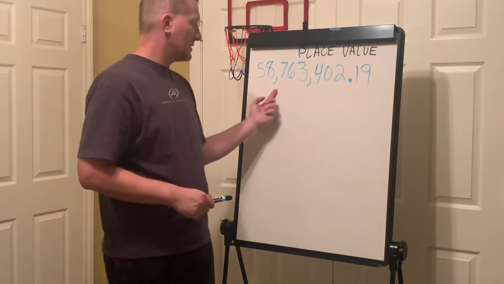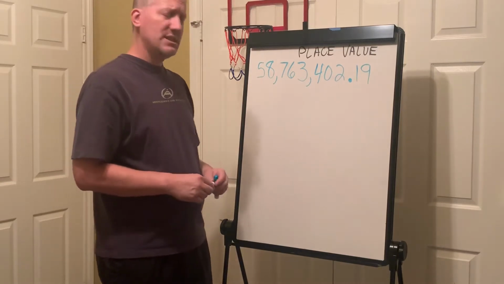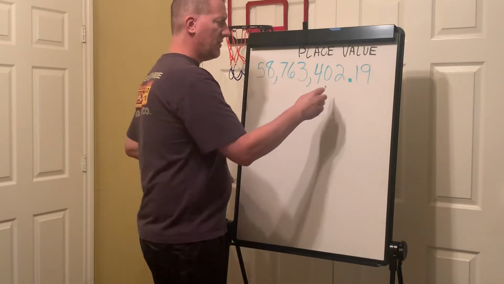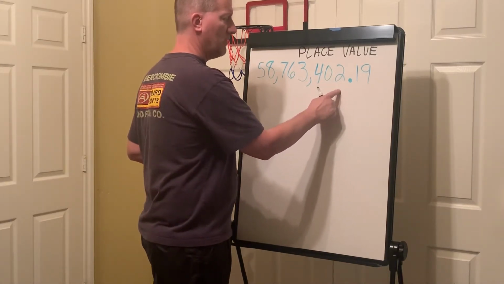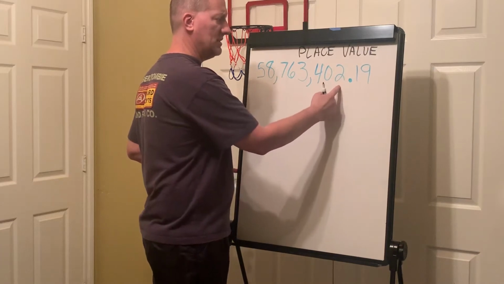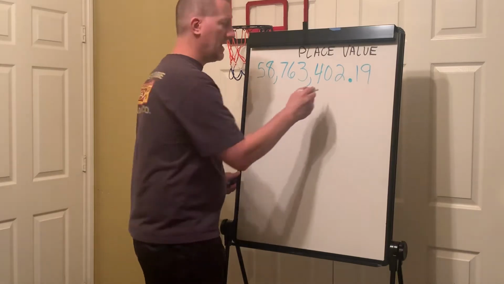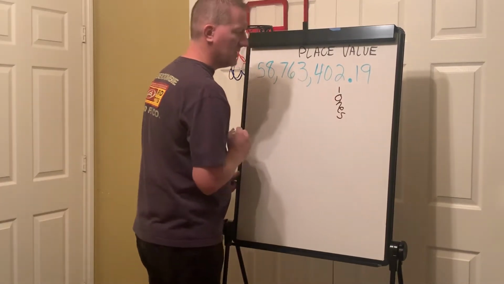All right, so what we'll do is just go through the place values. Okay, first of all, this place value is where we usually start off. This is the whole numbers. And the first place value is the what? Yeah, the ones. Okay, that's the ones place.